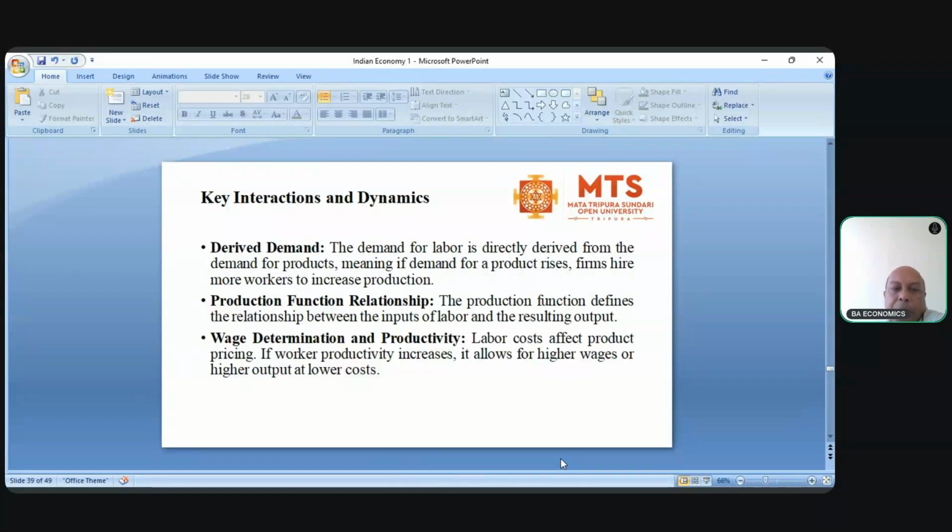So when the productivity of the worker increases, it is possible that the producer may produce a greater quantity of goods, or better quality of goods, in less time. Or you can say if the productivity of the worker increases, then it is good for the industrialist or producer. The producer will be happier if the productivity of the worker increases, and if productivity increases, then the wage of the worker will also increase.